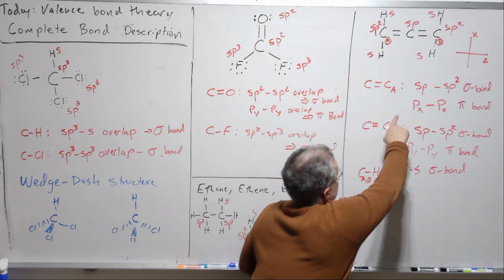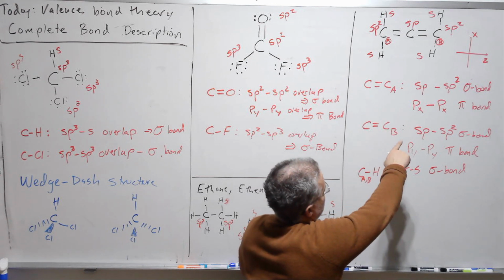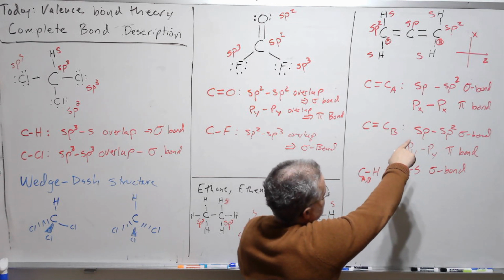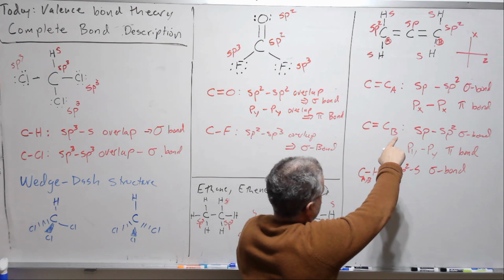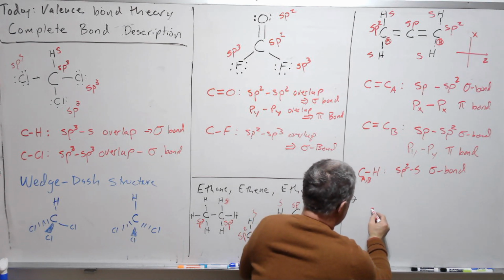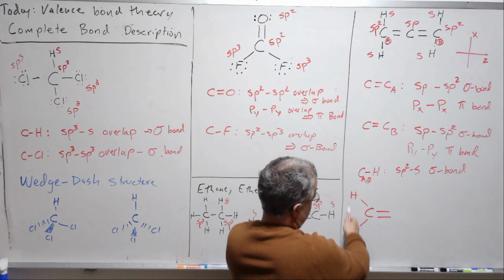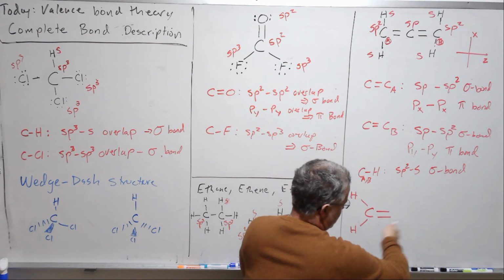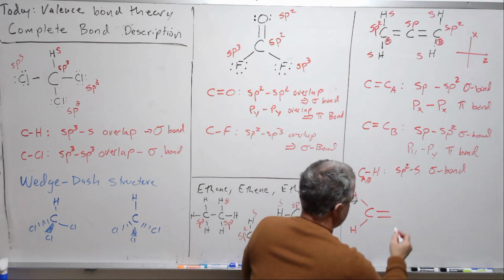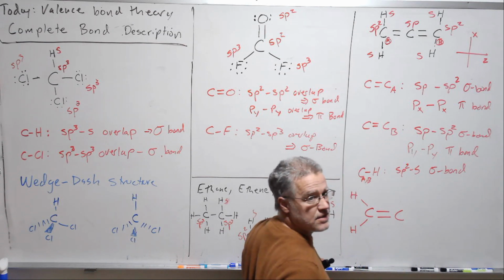So we've decided this first one, this A, is creating the pi bond in the X direction. So that's going to look like this, because we've decided the X lies in the plane here. The Z is always this sort of interbond axis. So that's going to be C over here.